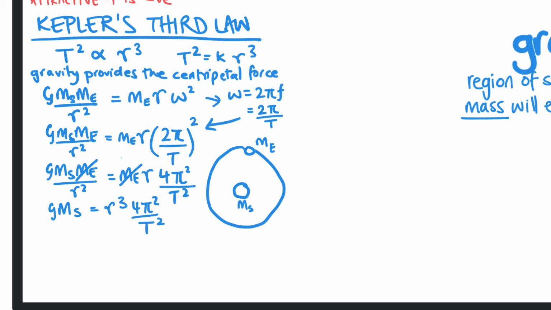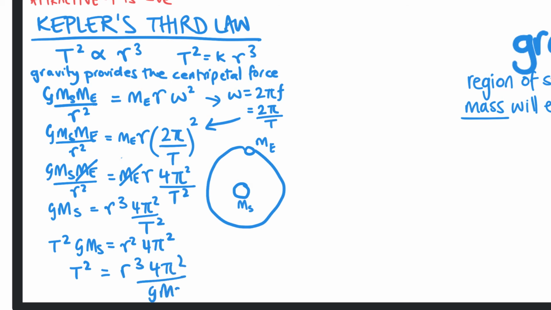And next we're going to bring the T squared from the right hand side over to the left. So finally I'm going to bring the G and m_s over to the right hand side where it becomes a divide, so that we are left with T squared is equal to r cubed 4 pi squared over G m_s.